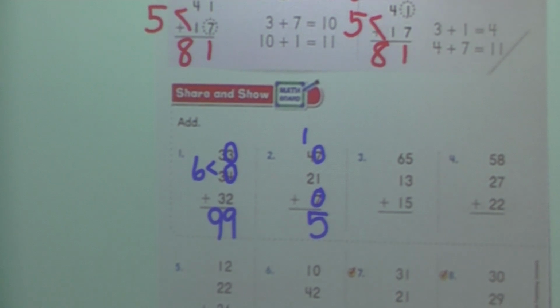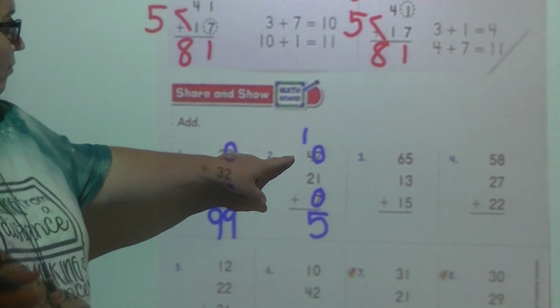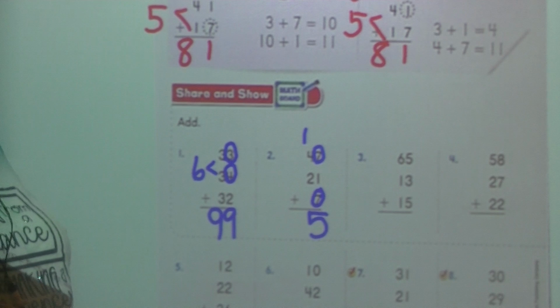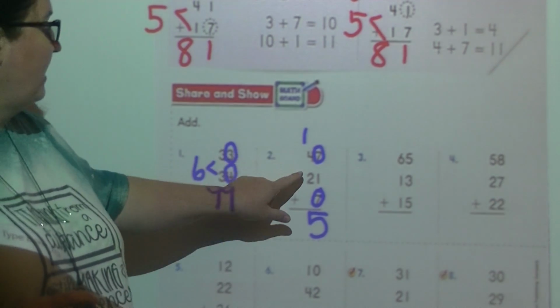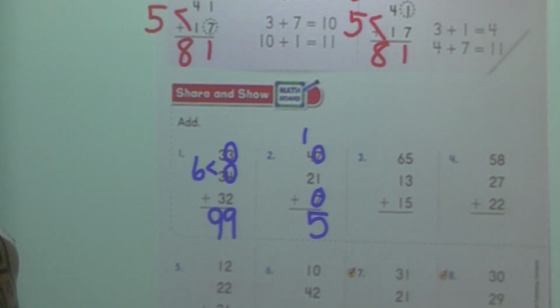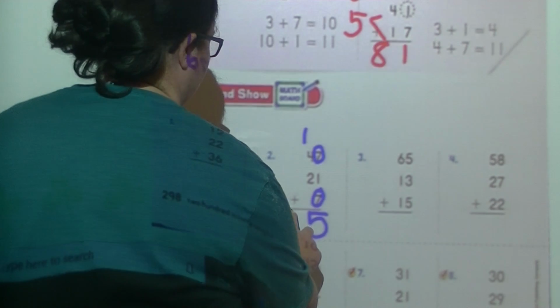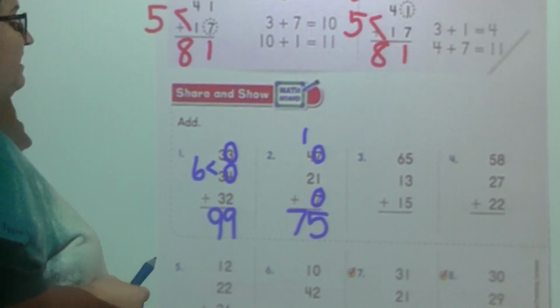All right, in the tens place. What is 1 plus 4? 5. What is 5 plus 2? 7. 75.